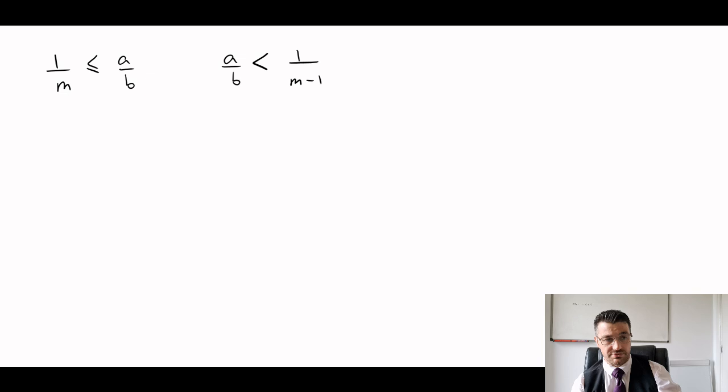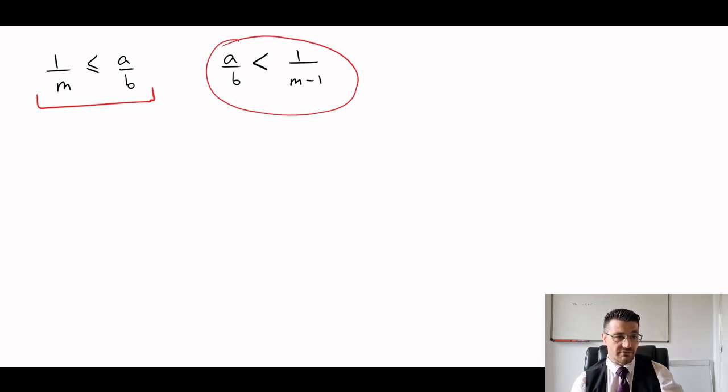Here it turned out not to be too difficult, but sometimes it can be really difficult to do. So, okay, I've already had a play around with the 1 over M less than or equal to A over B. So now I'm going to have a look at this A over B less than 1 over M minus 1.